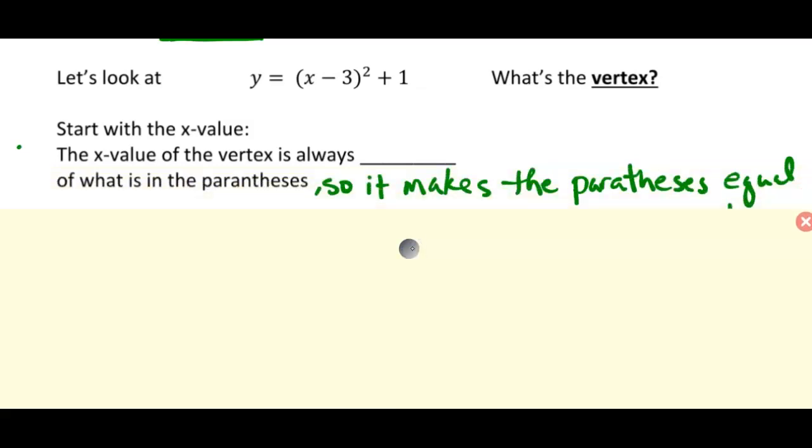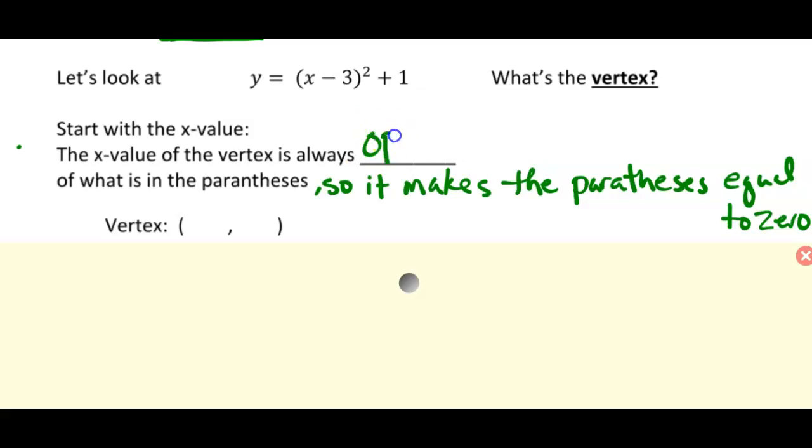It is, the x value of the vertex is always what makes the inside of the parentheses equal to 0. Equal to 0. In other words, opposite of the math behind the x.